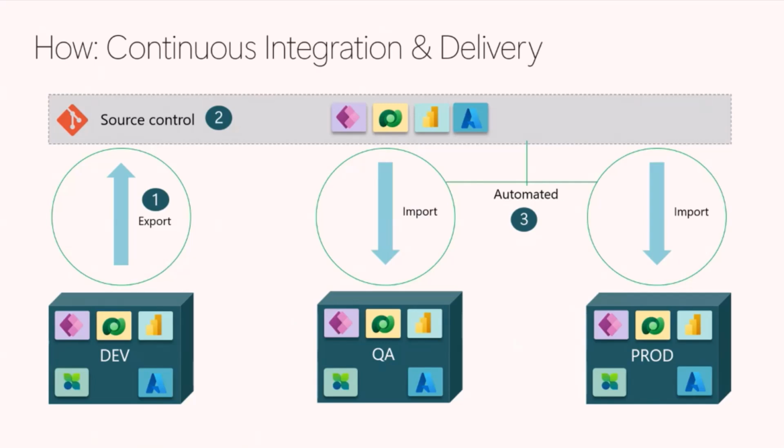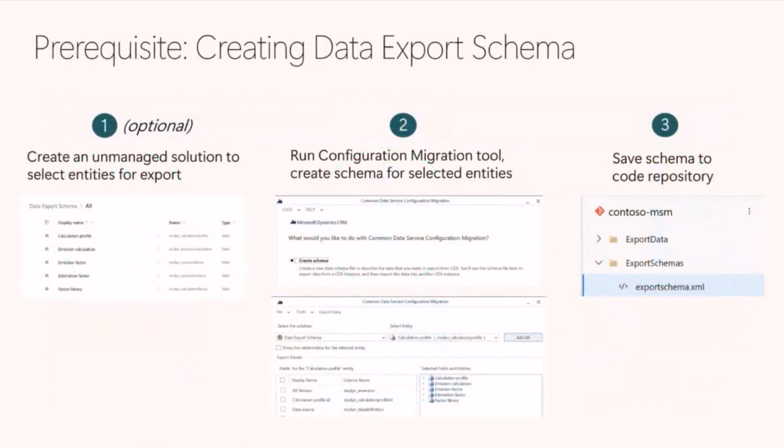So let's look at each step. Before starting with the first step, the export of the solution, here is a prerequisite for the data piece. For you to export data from one environment to another, if you use the configuration migration tool, you need to create a data export schema.